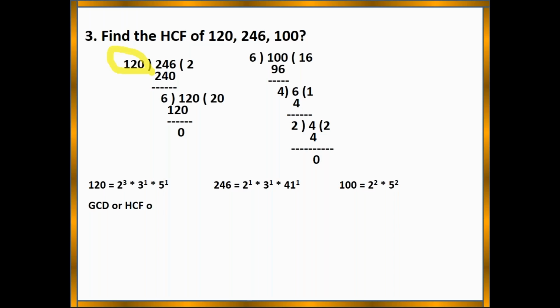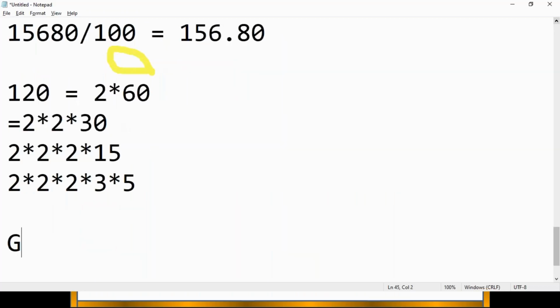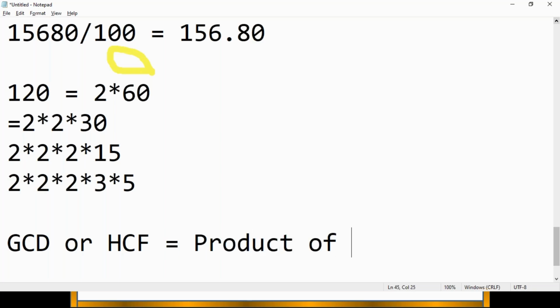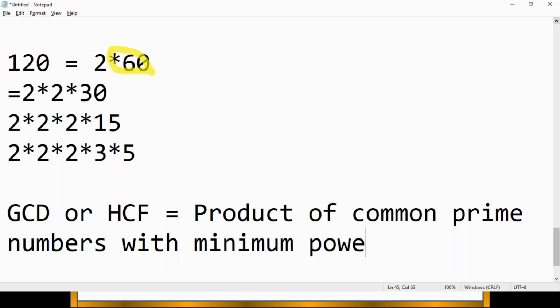So after writing the prime factorization of the given numbers, the GCD or HCF by using the factorization method is equal to the product of common prime numbers with minimum power.